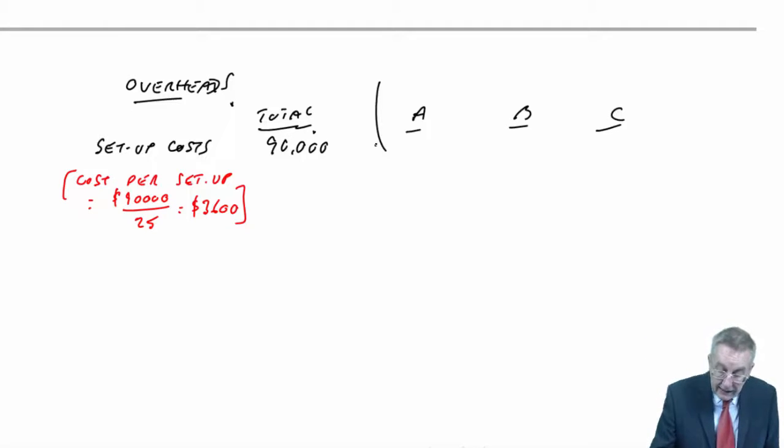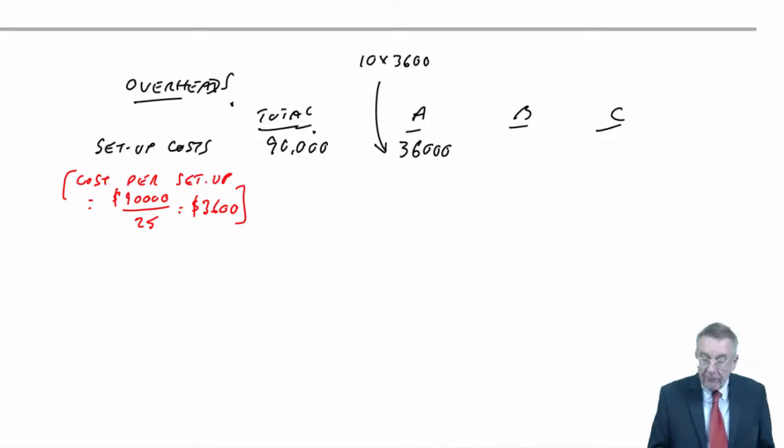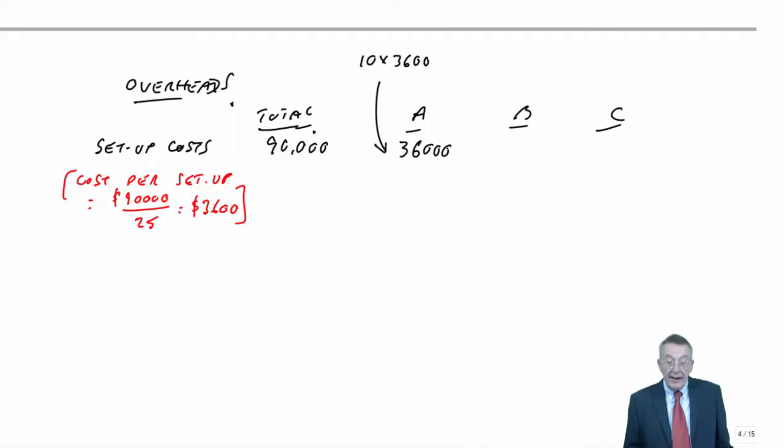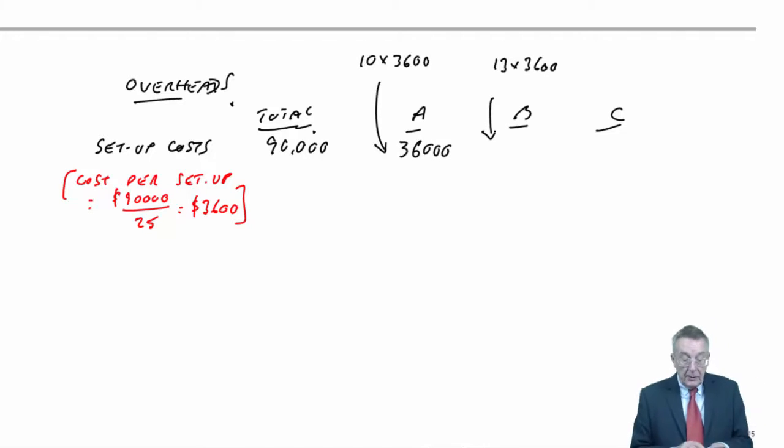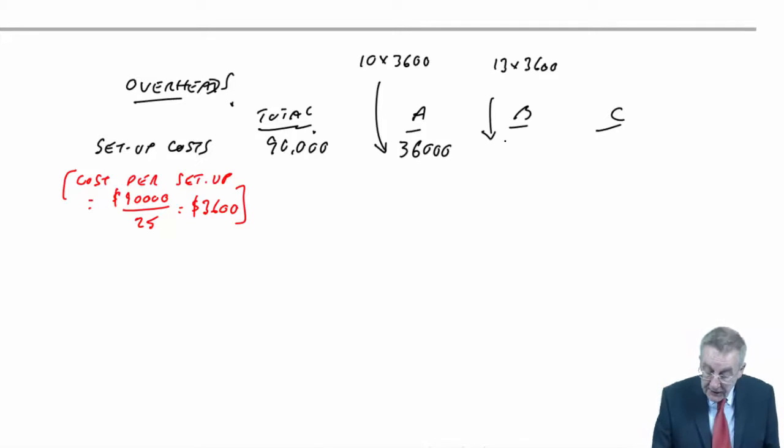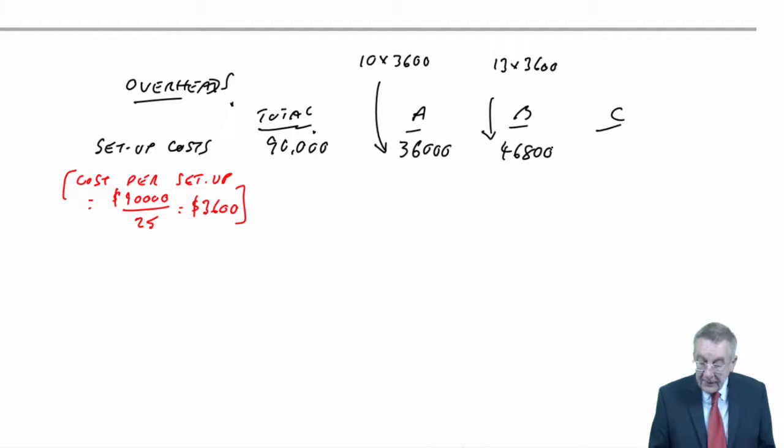So product A, we're setting up 10 times, and at 3,600, it's costing a total of 36,000 for A. Similarly, B, we're setting up 13 times. So 13 at 3,600 each time is 46,800.